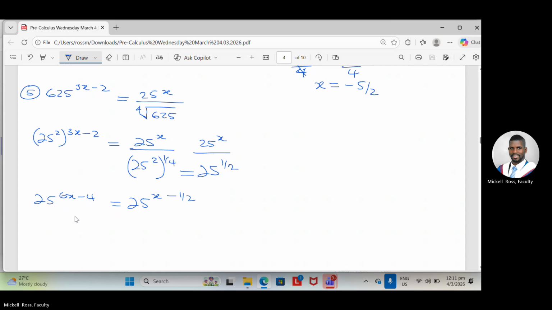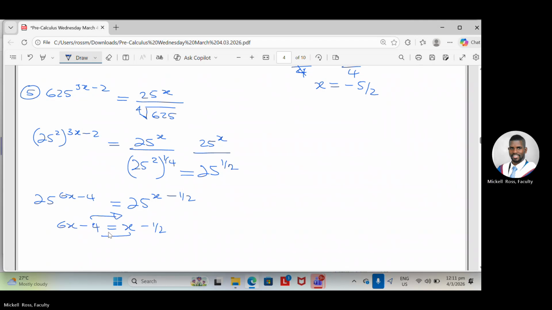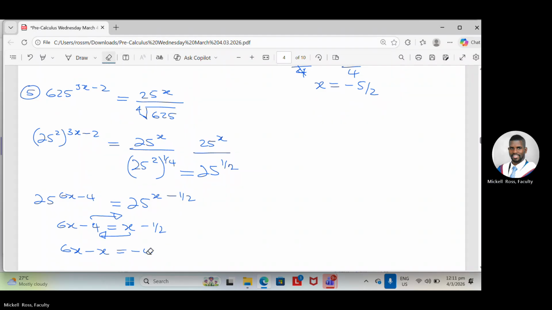So we equate the powers to each other. So we're going to get 6x minus x equals to negative 4 minus a half, so negative a half plus 4.